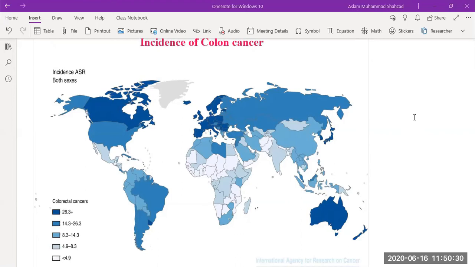It was low in China as well. But in the Malaysian context, it is also slightly higher. So that explains the incidence of colon cancer, how common this cancer is.